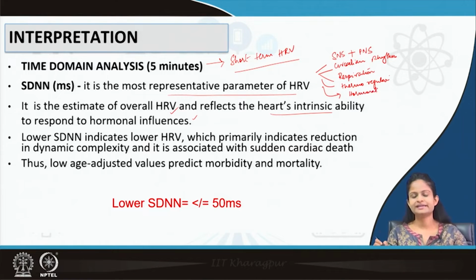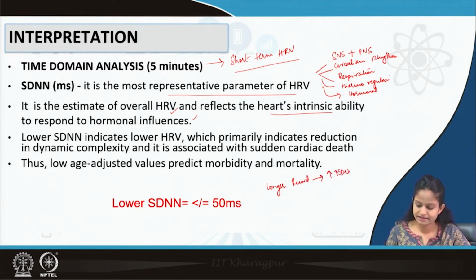So, all the cyclical variations are usually reflected in this SDNN parameter. And also I had told you this SDNN parameter is dependent on the length of the recording. The longer the recording, that gives rise to higher values of SDNN.